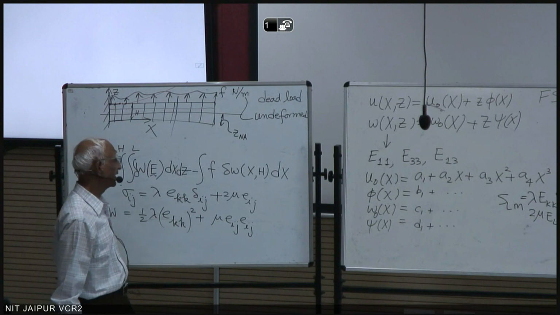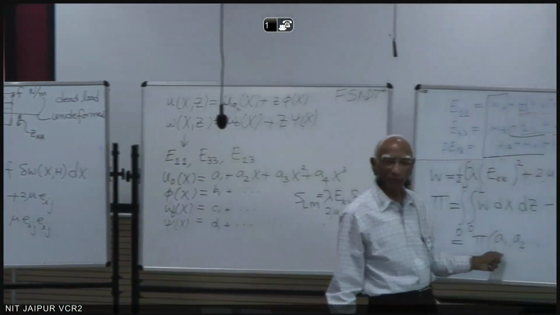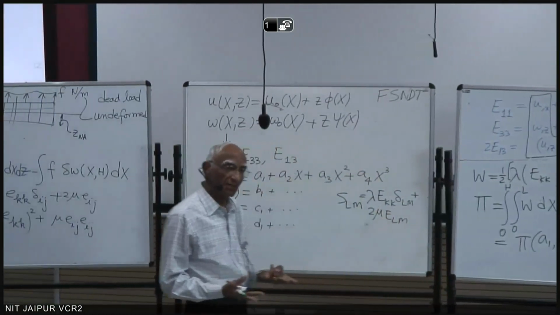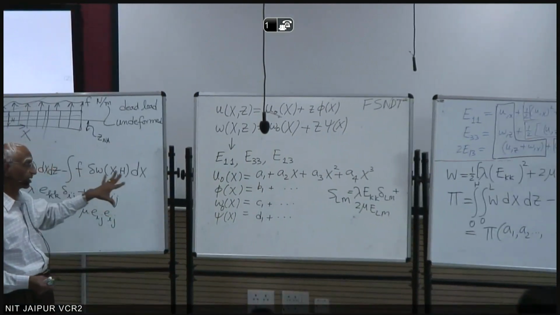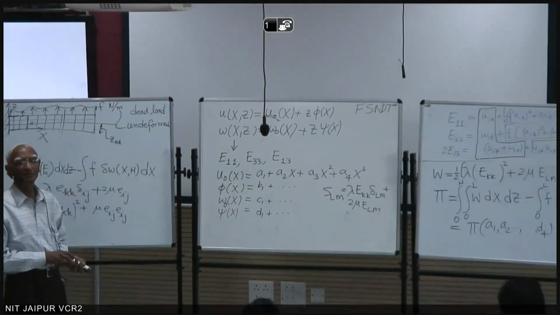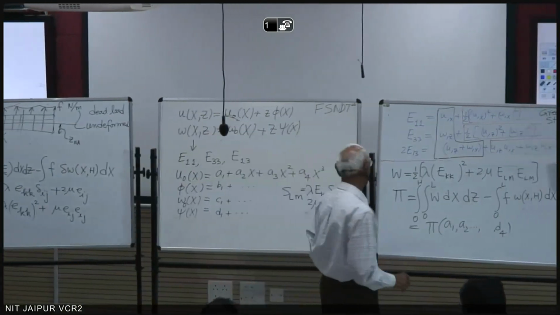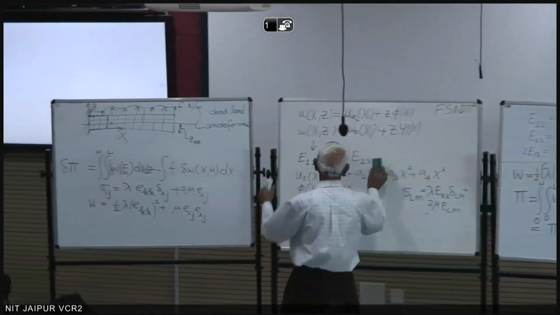So instead of getting your potential energy as A1 to the power 4, it will be A1 to the power 2. So either you minimize the way we did it, or you do what we are going to do now. Okay? So now let's do that. We have found this W.